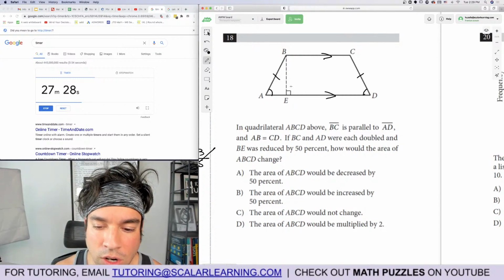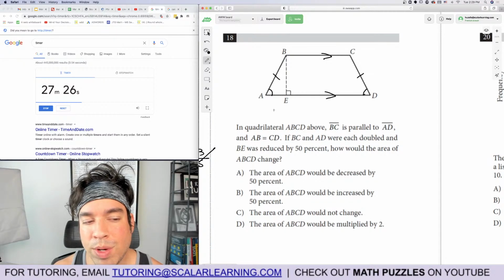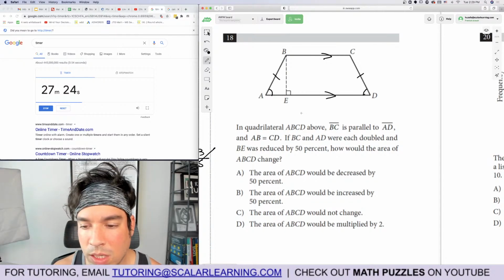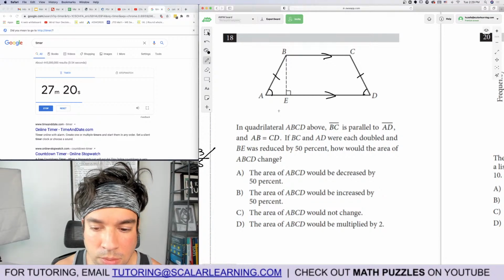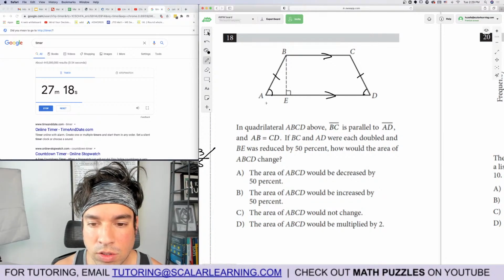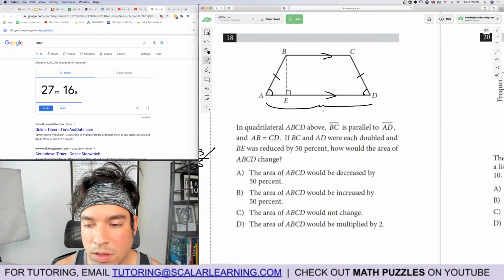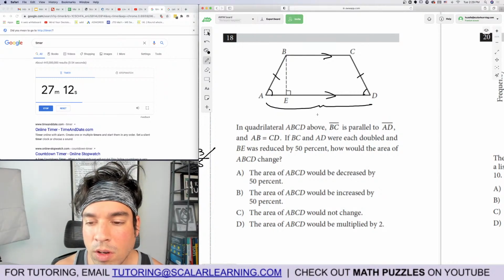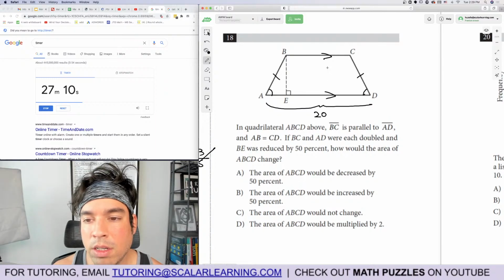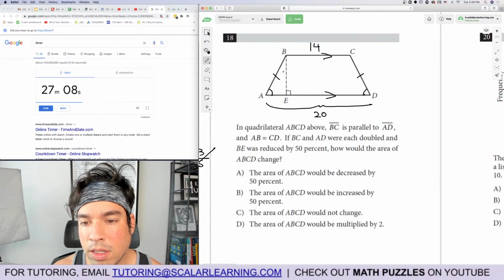It's an isosceles trapezoid. So we can either plug in values or we can just use variables. What's the best way to do this? Okay, let's try with values first. Let's try 20, let's try 14, and let's try a height of 10.